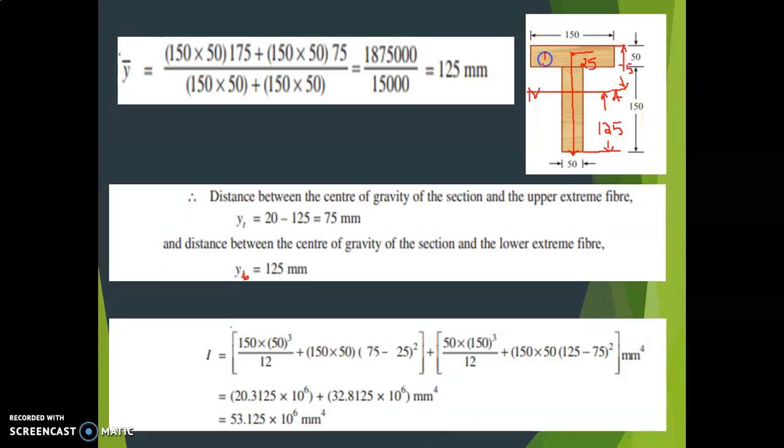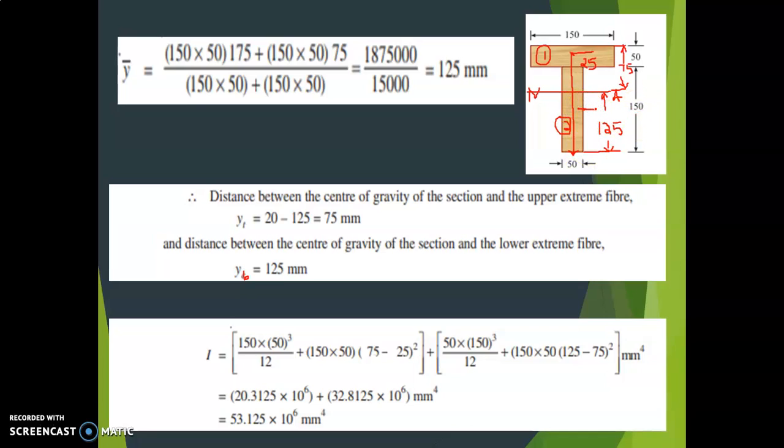So this is section 1. Next I will go to section 2. Area is now 150 into 50 into the distance from CG to the neutral axis. Now the neutral axis is here, CG is somewhere here. What is the distance? CG is at half of 150, that is 75.